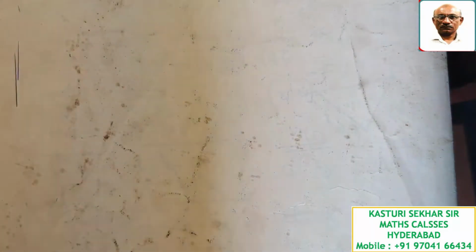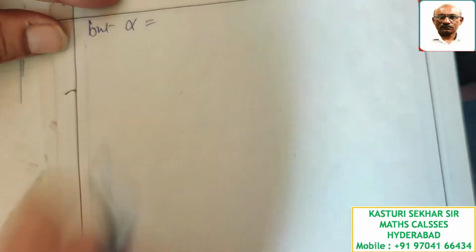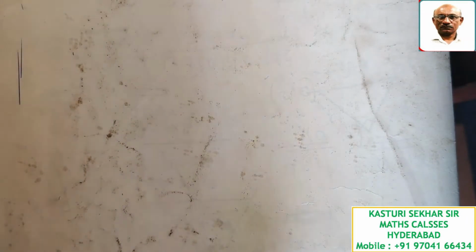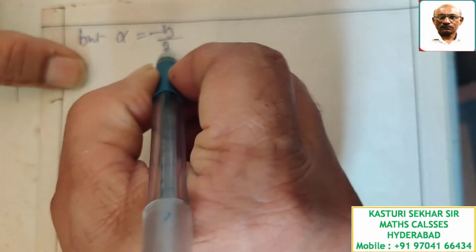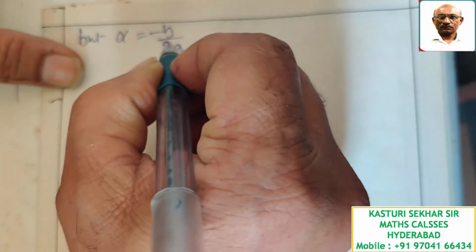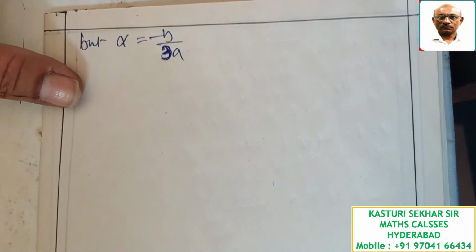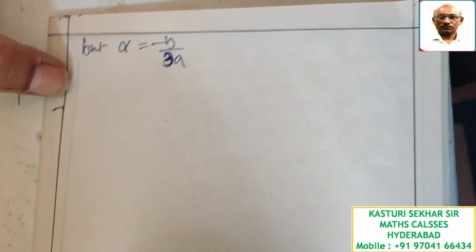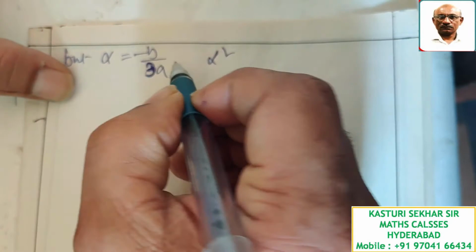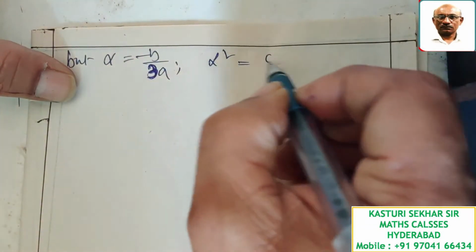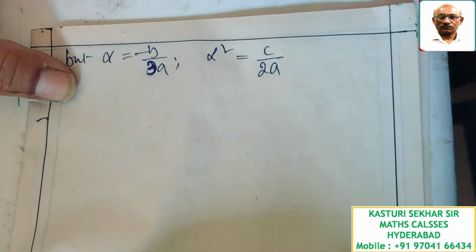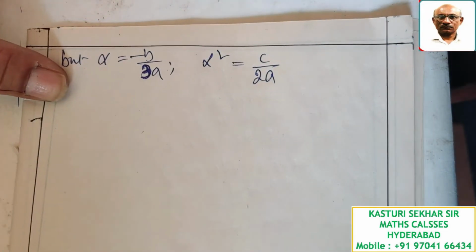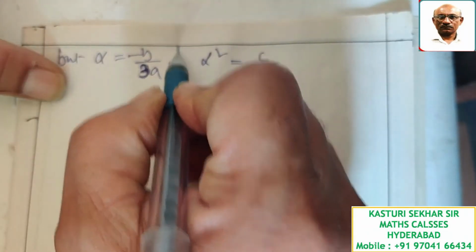Now, but alpha is equal to minus b by 3a. Now consider this relation. Alpha square is equal to c by 2a.